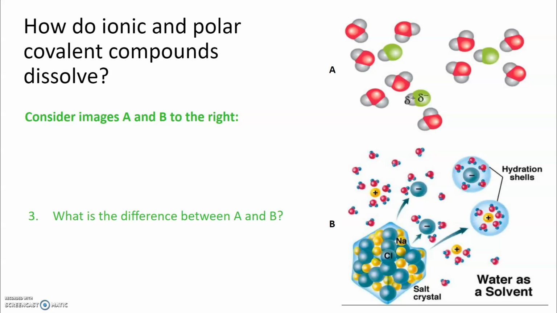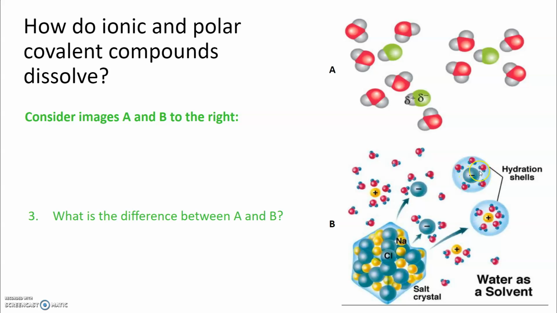So hopefully one thing that you notice that's the same is that water is surrounding the things that are not water. So this green and gray guy is surrounded by waters. So is this one, so is this one. And then if we look at image B, we can see that the ions, the parts of the salt crystal, get surrounded as well.